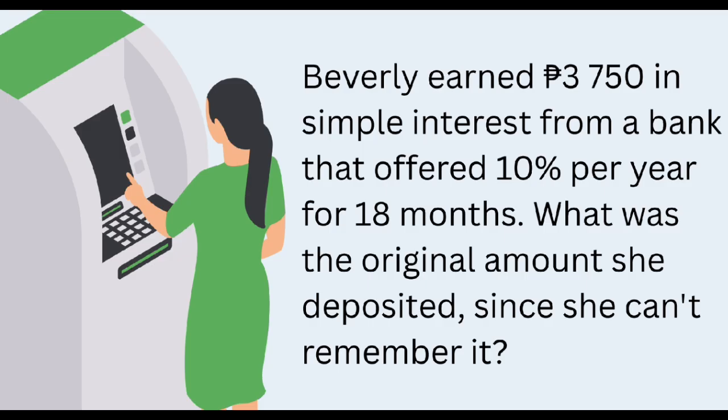How about this one? Beverly earned 3,750 pesos in simple interest from a bank that offered 10% per year for 18 months. What was the original amount she deposited, since she can't remember it? So we are looking for the original amount she deposited at the bank.